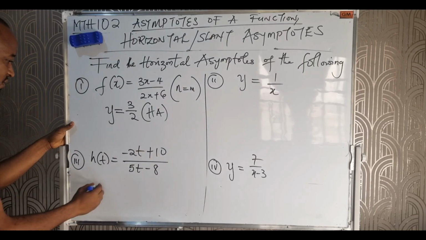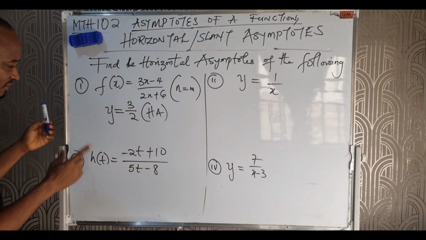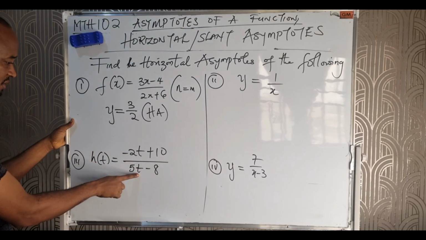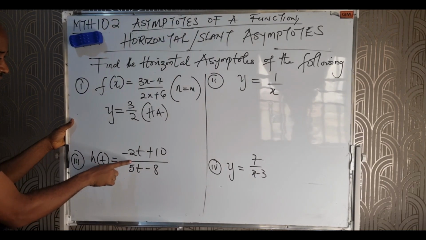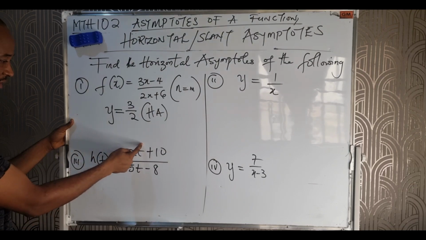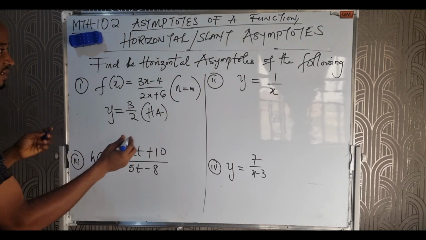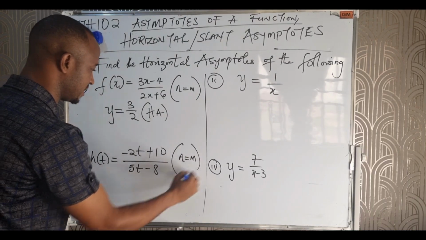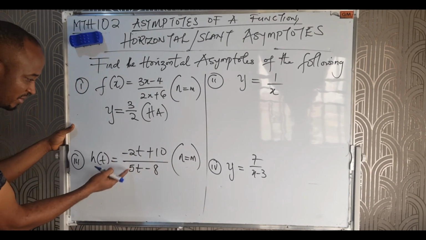Now let's look at this one also. The coefficient of the leading variable in my denominator is 5, and in the numerator it is -2. The degree here is 1, the degree here is 1. So this also falls in the condition that n equals m. So I will divide -2 by 5.